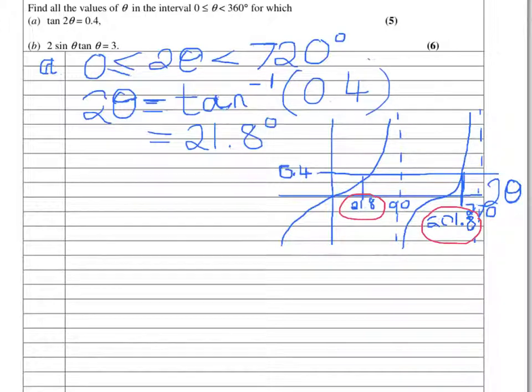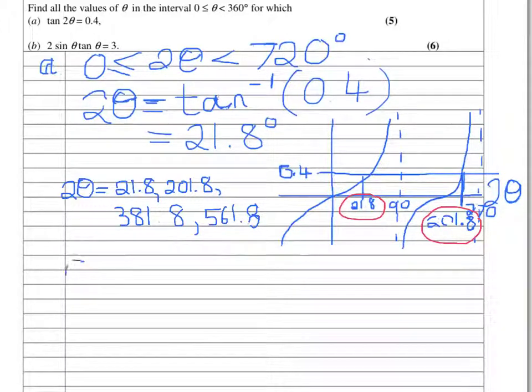So my values of 2 theta are 21.8, 201.8, 381.8, 561.8. So I've just added 180 each time to find those values. If I add 180 on to 561.8, it's bigger than 720, so I don't need to include that.